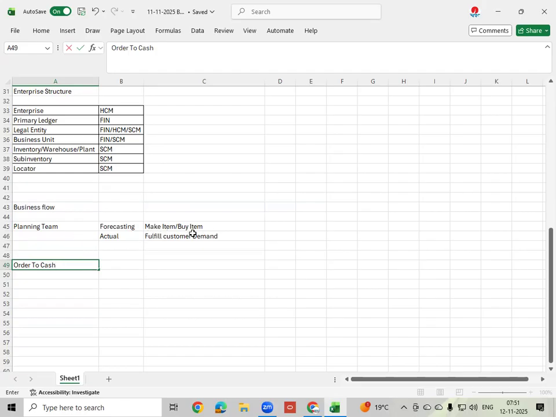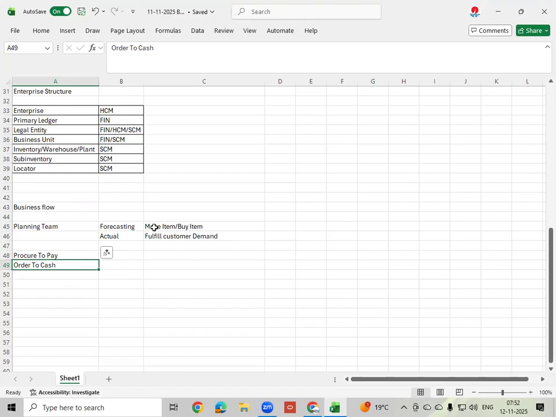For purchasing raw material, buy items, what is that cycle called? Procure to pay. I will purchase and pay the supplier, so that is procure to pay. In order to cash, I get orders from customers, fulfill customer demand, and collect cash from customers.